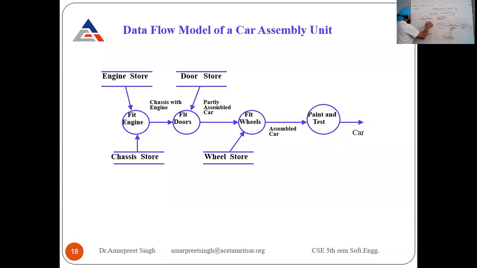So this is the function or process which is represented by the bubble or the circle. It gets some input and finally it has some output also. This is the output of this function, and it gets some data on which it works. Data it gets from the data store.